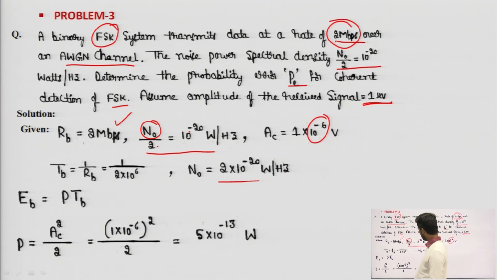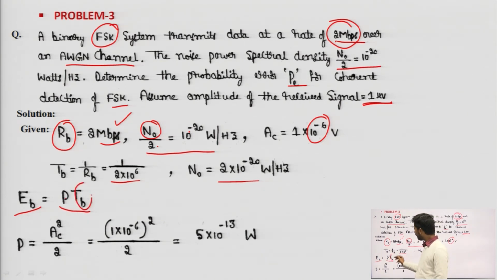From RB I can get TB equal to 1 by RB, that is 1 by 2 times 10 to the 6, since Mbps is 10 to the 6. From there I can get EB equal to P times TB. Now I can get P. What is P?